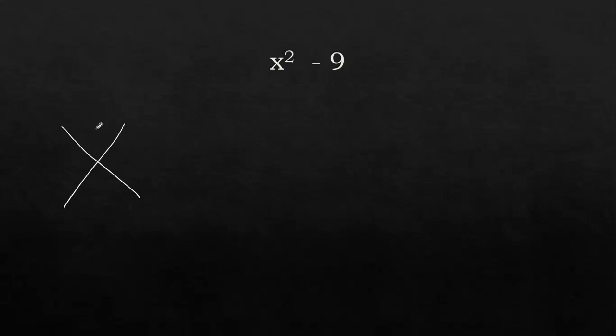It's not 1 because you would see a 1x. You would see an x there. So there's nothing, right? 0. What's the c term? Negative 9. So you could do this. What adds to give you 0 and what multiplies to get you -9? Has to add to get me 0.